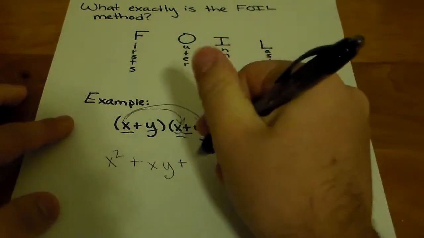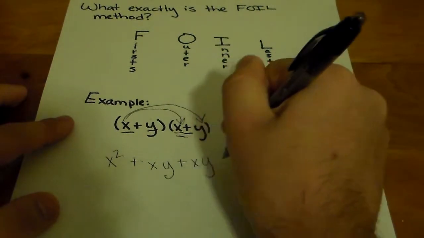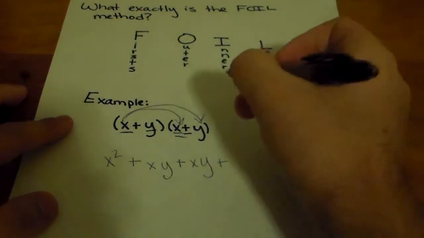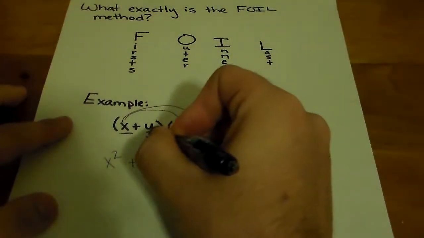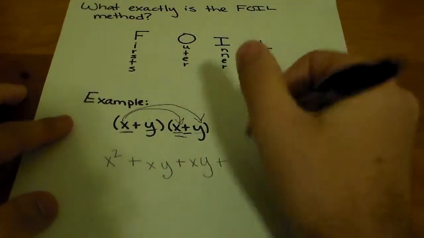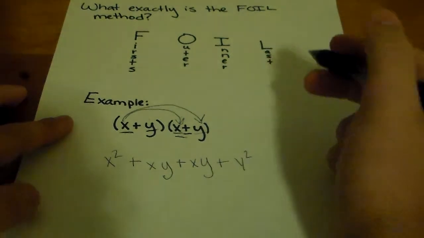So it's going to be the same thing, xy, plus, you're going to take the last, so it's going to be these two y's here, plus y squared.